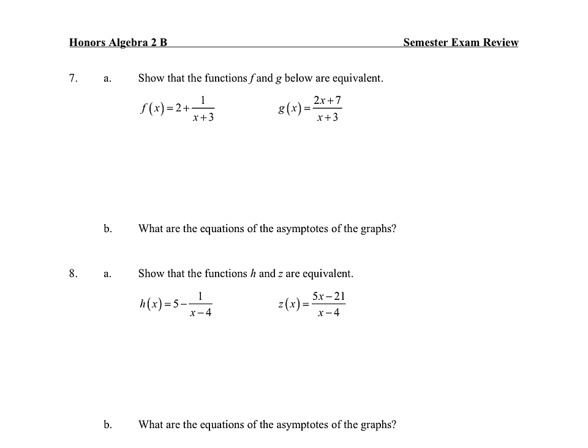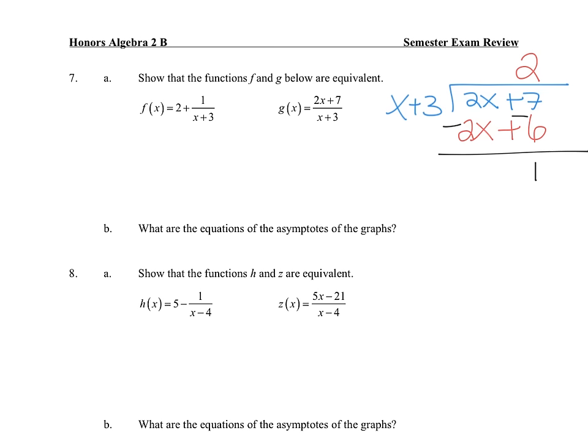Show that these equations are equivalent. So we have to do some long division with g of x. To do this long division, 2x divided by x is 2. And then you're going to multiply it back by each piece of x plus 3 and subtract.